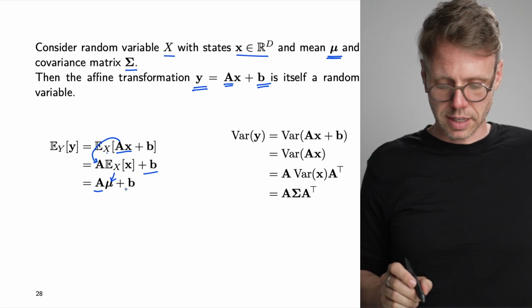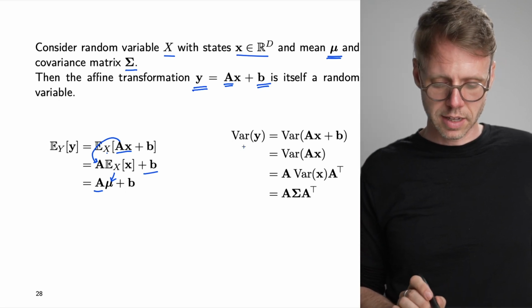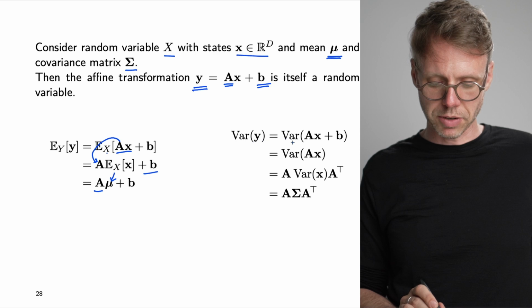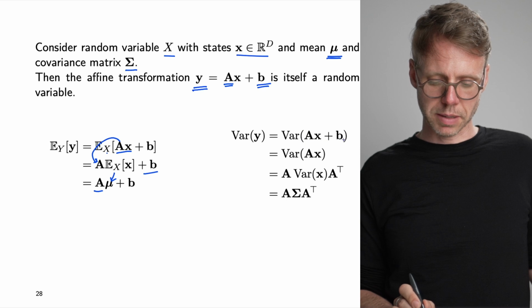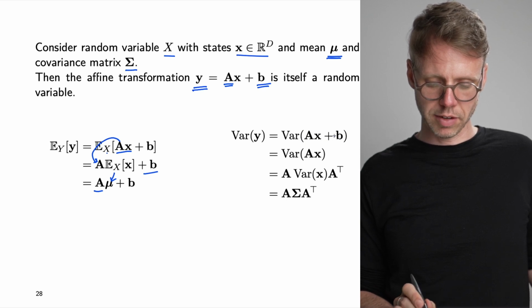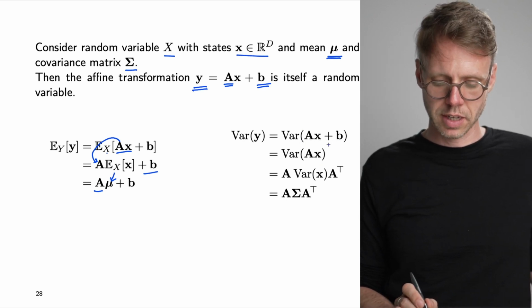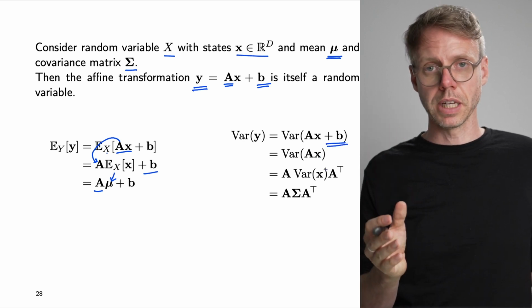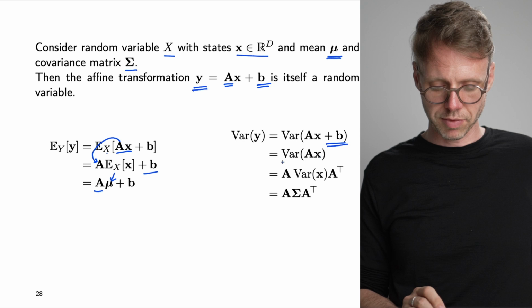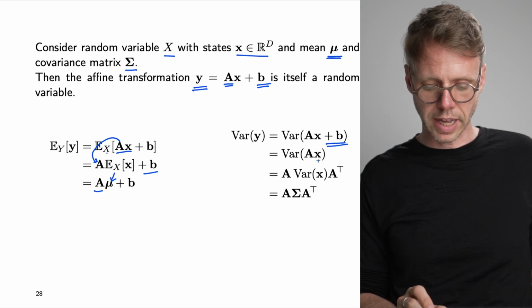The variance covariance matrix of y is equal to the variance covariance matrix of Ax plus b, so plugging in the formula for y. Now we said that constants don't appear in the covariance, so we're left with the variance covariance matrix of Ax.